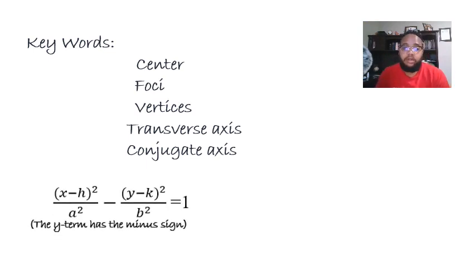The two equations that we're going to use: (x minus h) squared over a squared minus (y minus k) squared over b squared equals 1. The a squared is under the x, the b squared is under the y. In this case, you are going to have a hyperbola that opens left and right when the x is positive and the y is negative.